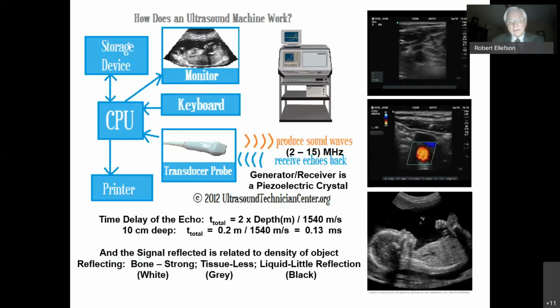So the signal that is reflected back is related to density of the object reflecting it. So for bone, there's a very strong reflection because it's very stiff. And so that is normally ascribed as a white reflection source in the coloration of this signal. And then tissue itself is more gray-like, and liquids reflect very little, and so those are designated as a background for this.